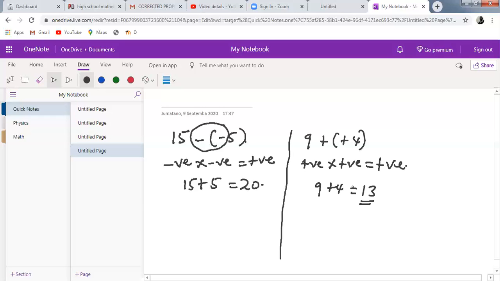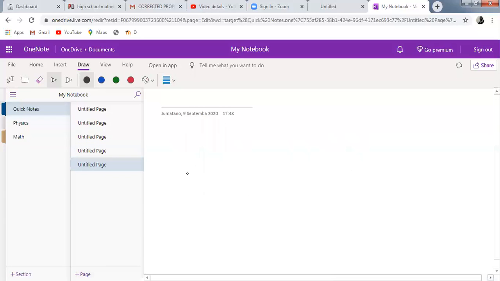Then we can talk about the same, but now when it is multiplication or division, like a case we have here. If you have a number like maybe negative 8 being multiplied by positive 3, it is a negative number multiplied by a positive number, the answer should be negative.